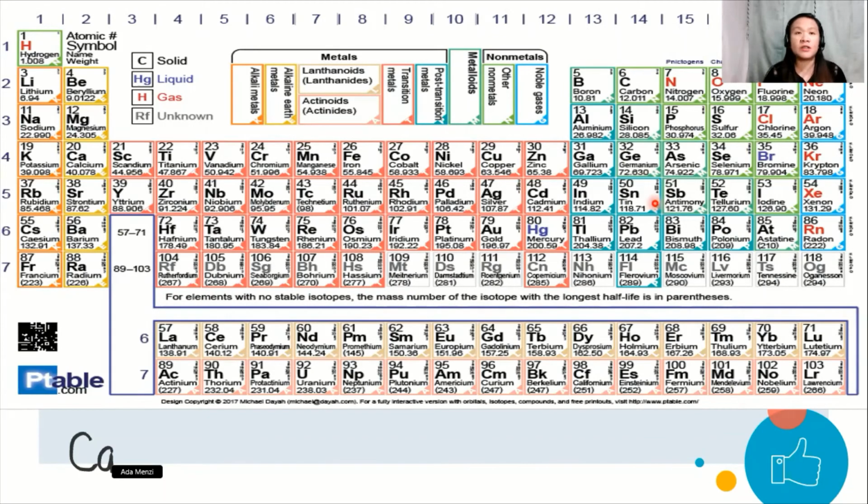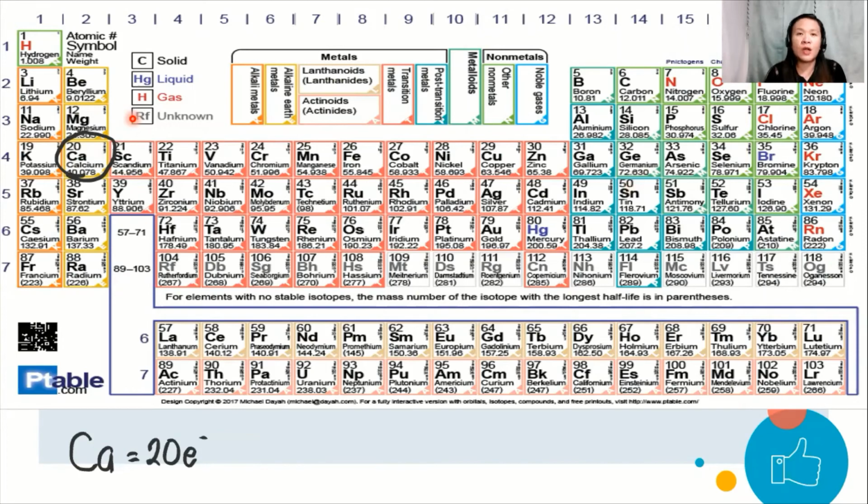If you notice, in the periodic table, the atomic number of calcium is 20. So please take note, we have here calcium. We write 20 for its number of electrons, or that will be its atomic number.